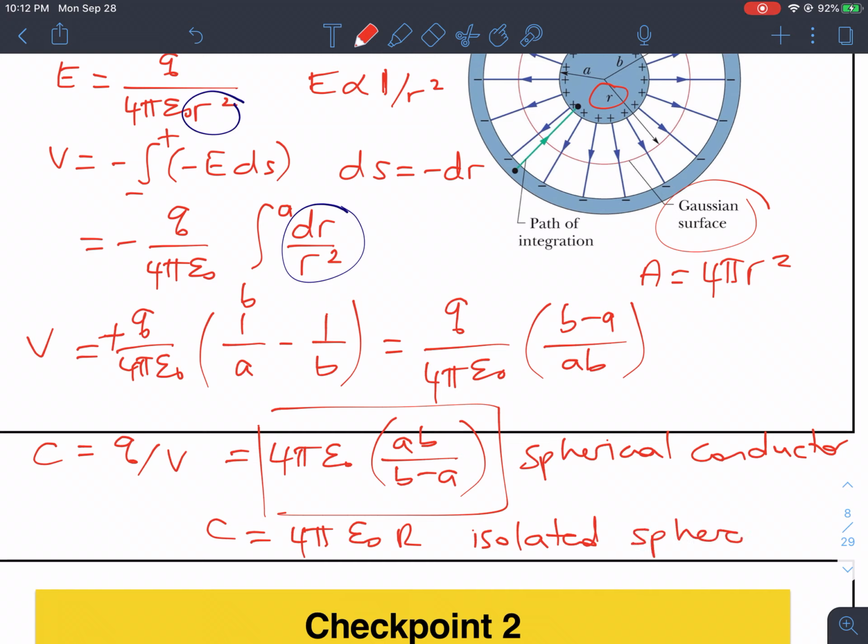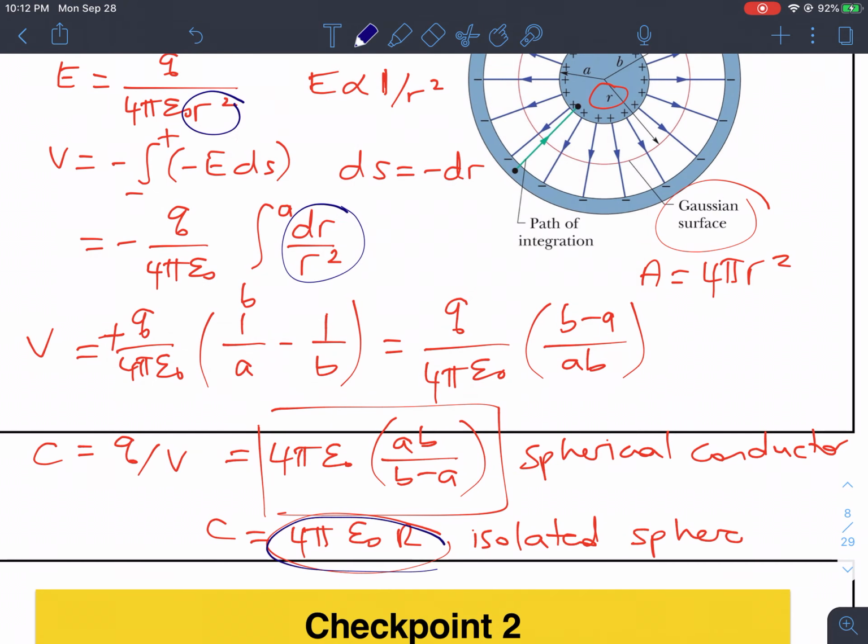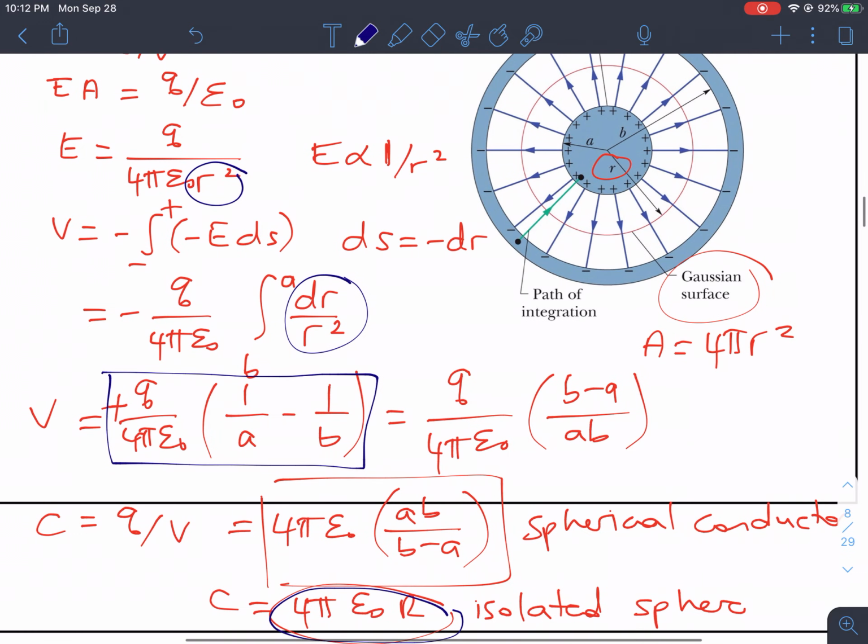This one comes from this potential, so I'm going to focus right here. For an isolated sphere, you don't have the shell. The shell is at infinity, so the radius B goes to infinity.